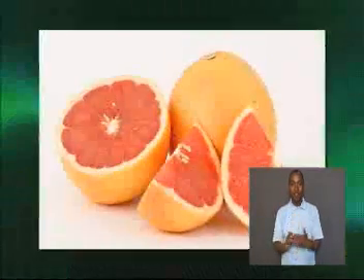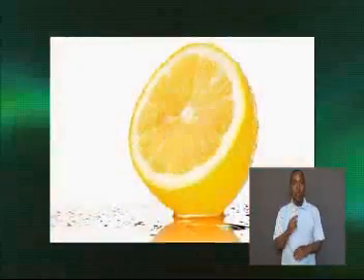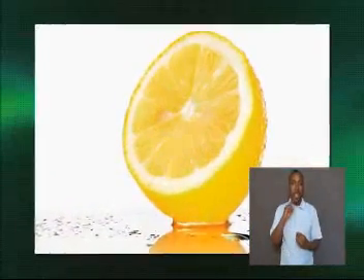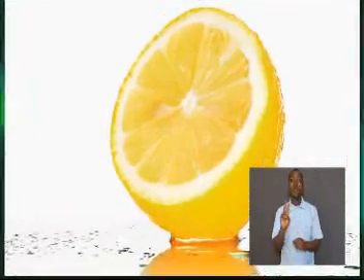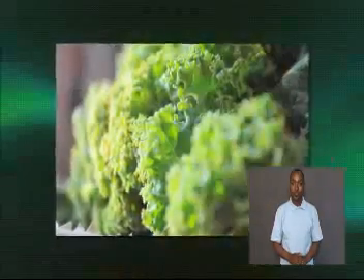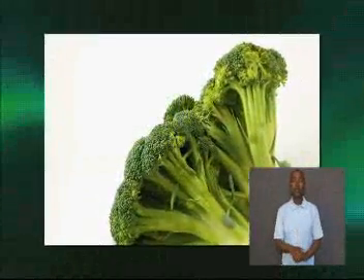I am sure you were able to name quite a few sources of vitamin C. Citrus fruit, such as oranges, lemons, and limes, are excellent sources of vitamin C, as are dark green vegetables, such as kale or broccoli. There are actually many sources of vitamin C.